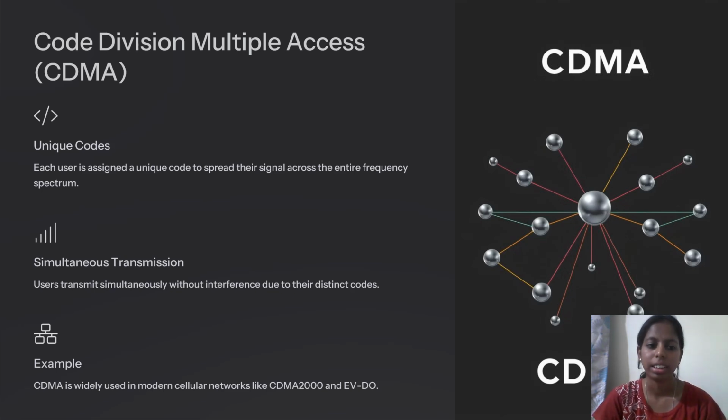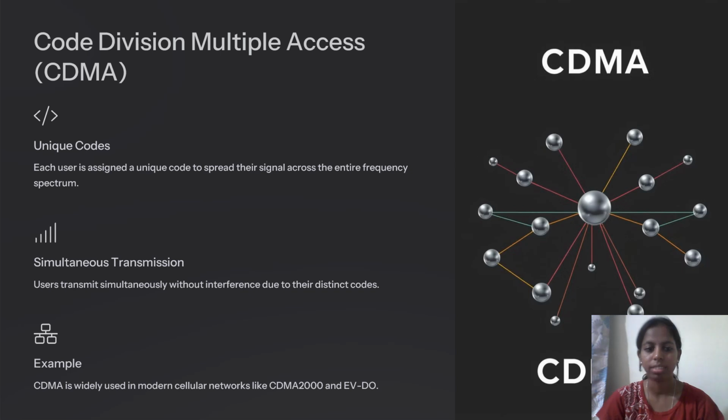As we saw earlier, in TDMA each user is allocated specific time slots, and in FDMA each user is allocated a unique frequency band for communication, whereas in CDMA each user is allocated a unique code to spread their signal across the entire frequency spectrum. Users transmit simultaneously without interfering due to their distinct codes.